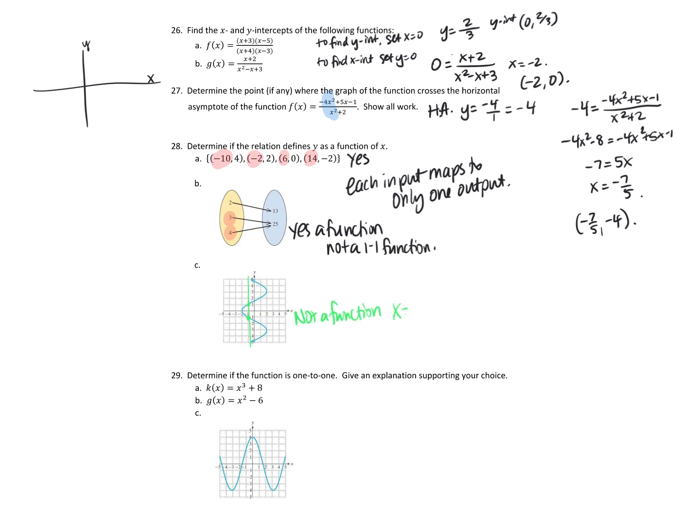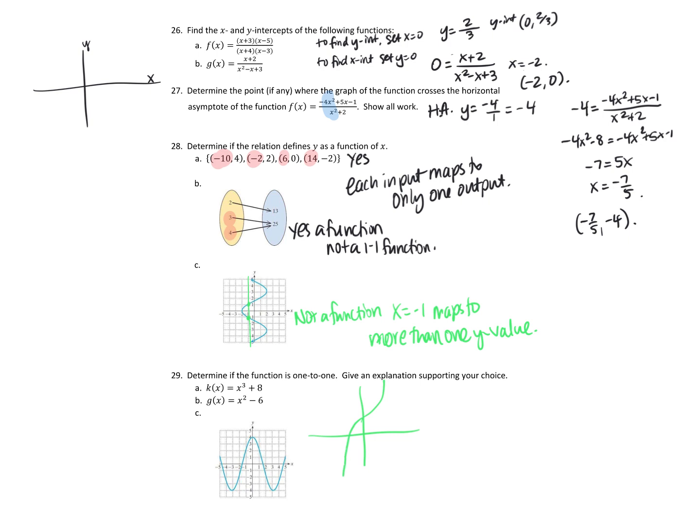For example, x equals -1 maps to more than one y value. Okay. Determine if the function is one-to-one. Give explanation supporting your choice. So k of x equals x cubed plus 8. So that function looks like this.